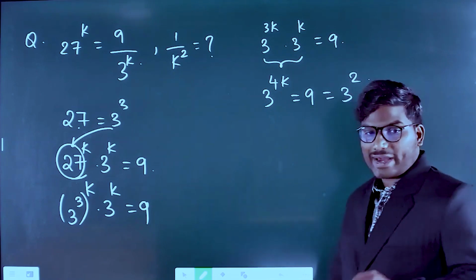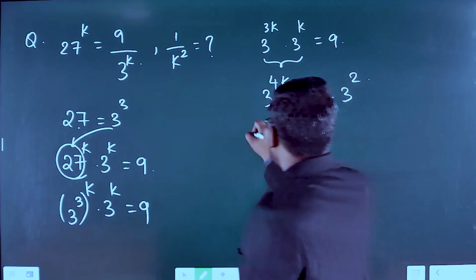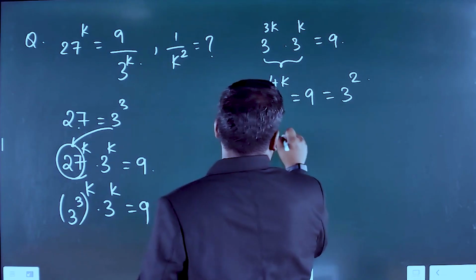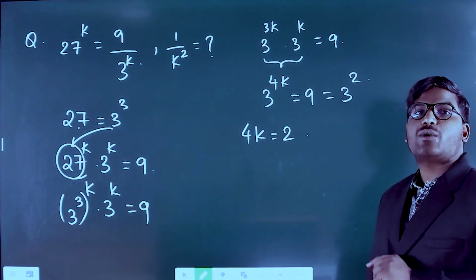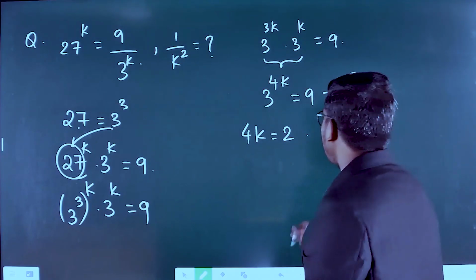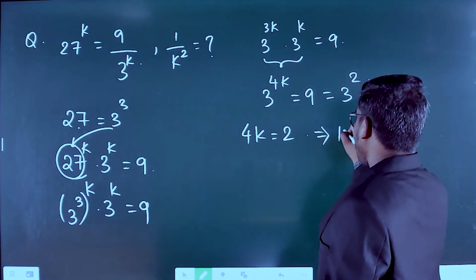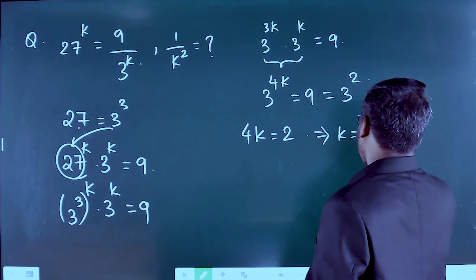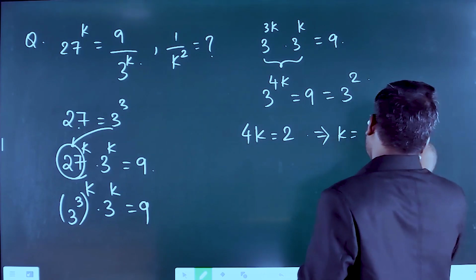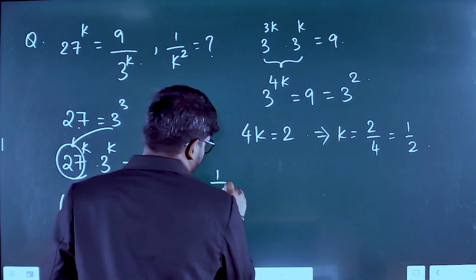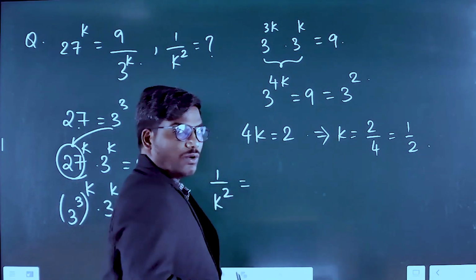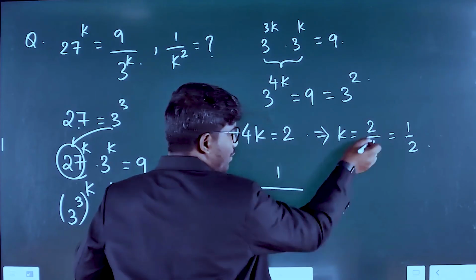Now if you compare the exponents, 4k is equal to 2. Since 4k is equal to 2, k will become 2 by 4, which is 1 by 2. Now if they are asking us to find the value of 1 by k square, k is what? 1 by 2.